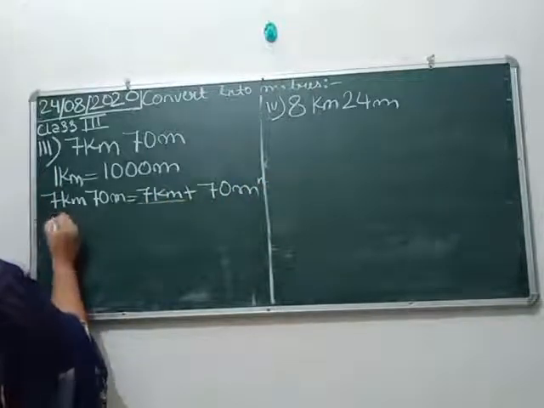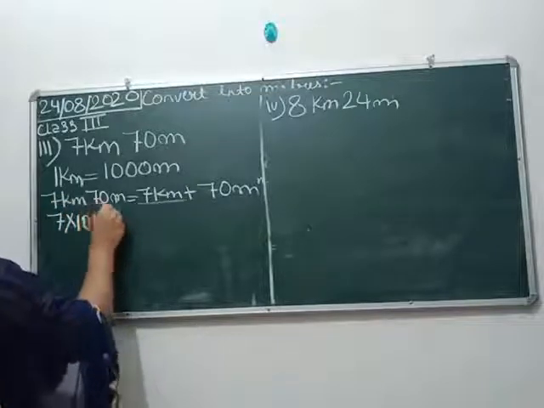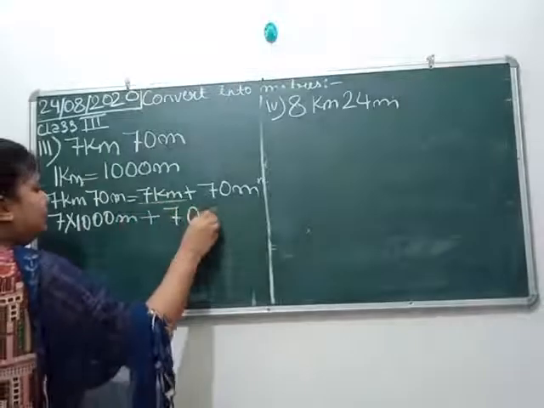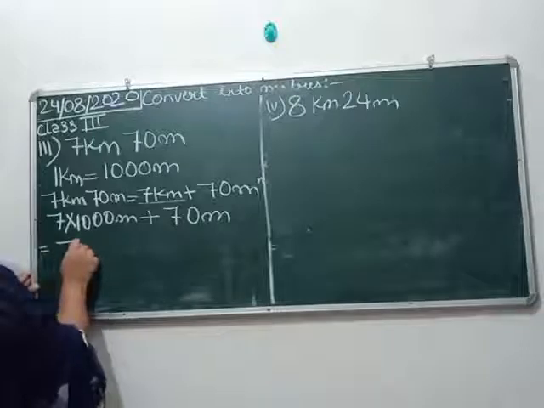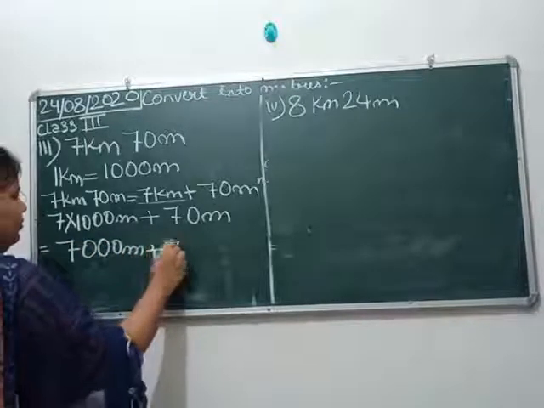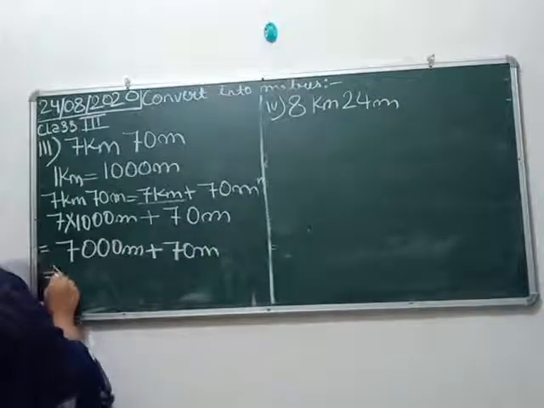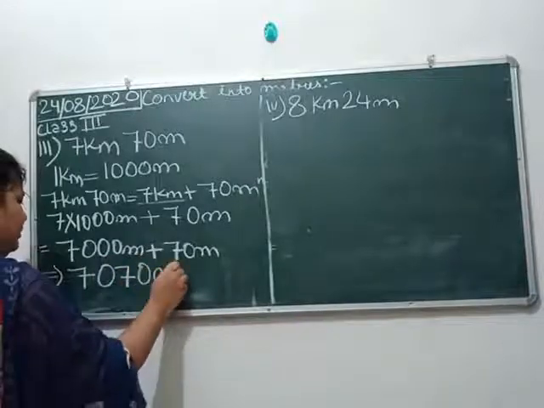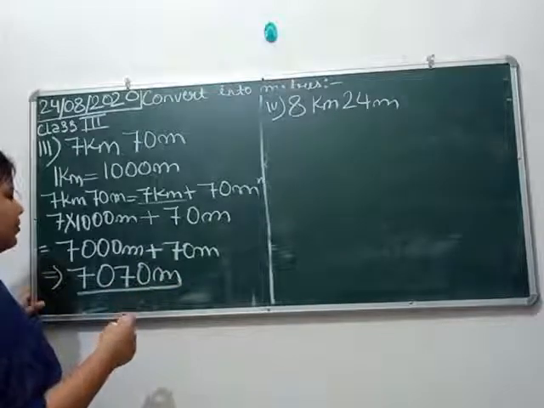So this will give us 7 into 1000 meter plus 70 meter. 7 into 1000 meter equals to 7000, and together they will form 7070 meters.